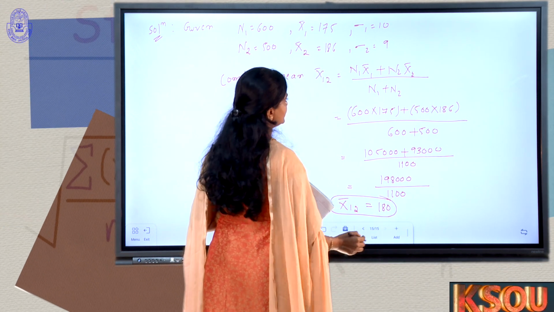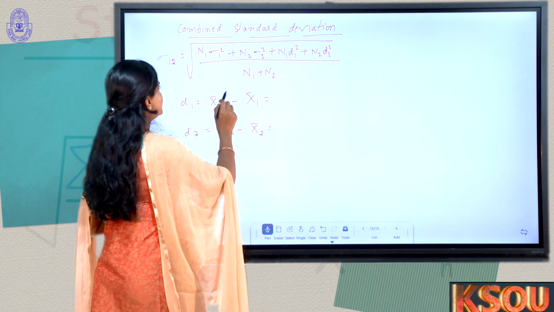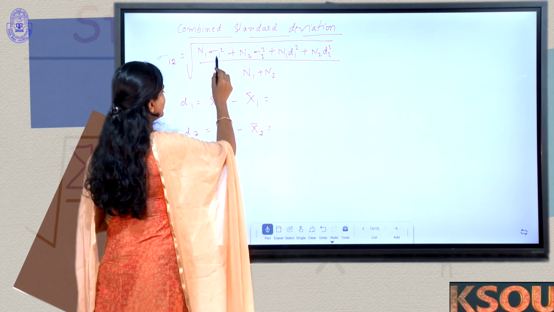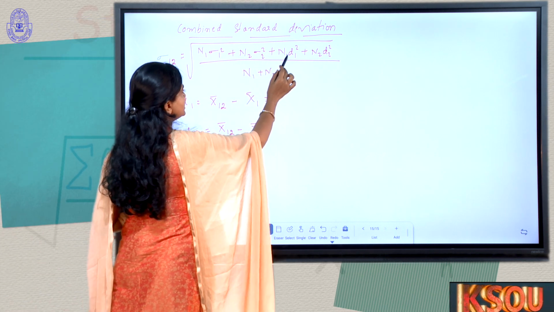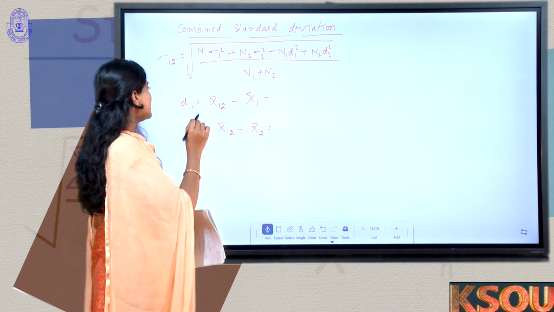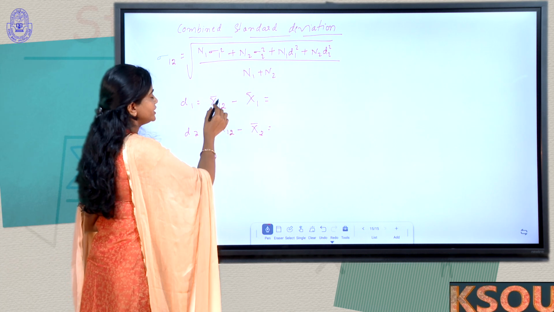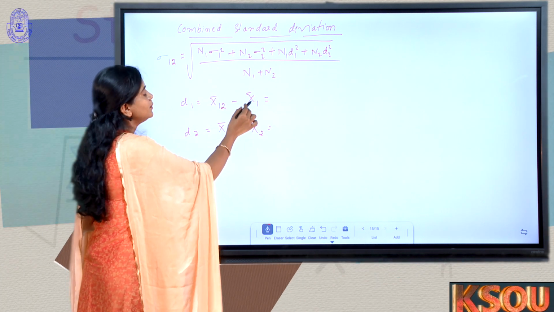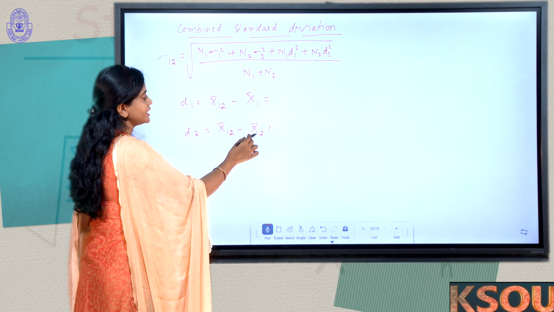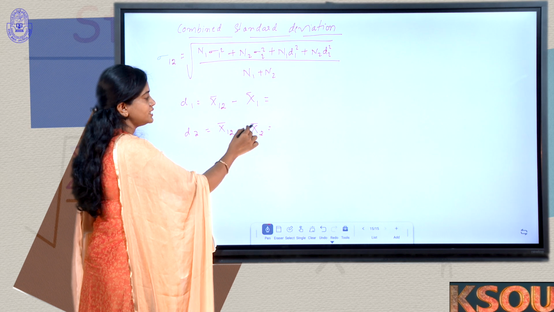So now you can calculate the combined standard deviation by using this formula. In order to calculate it, we will have to take n1 sigma 1, n2 sigma 2, then d1 and d2 here. So how will you calculate d1 and d2? d1 is equal to x12 bar minus x1 bar, so it is the combined mean minus the mean from the first item. d2 is equal to x12 bar minus x2 bar, again the combined mean minus the mean from the second item.